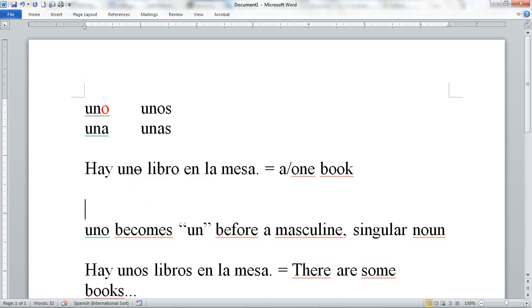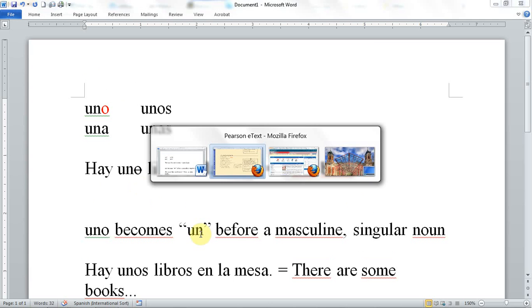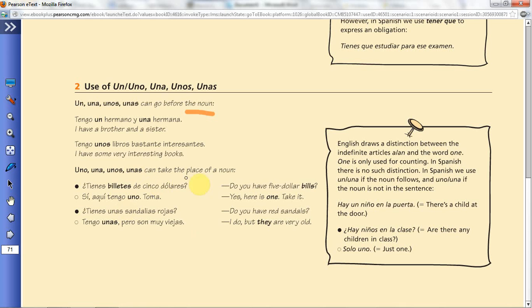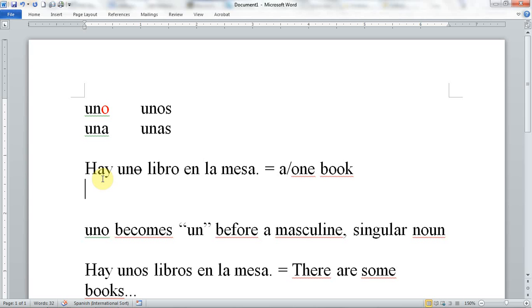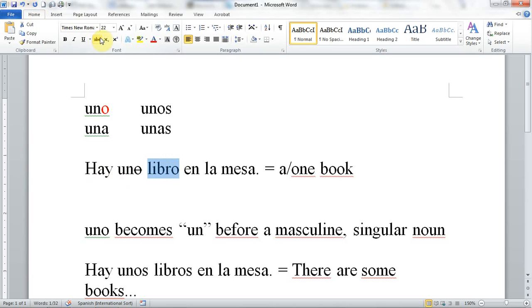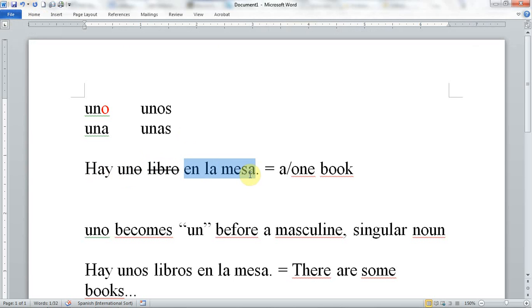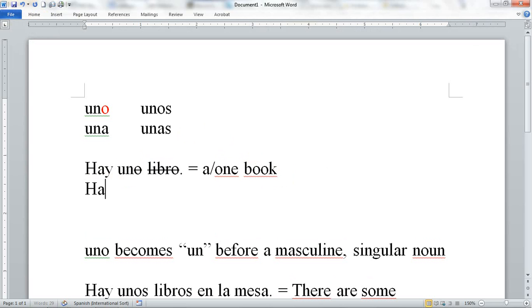The second part of the explanation right here talks about how these words can be pronouns. So if you leave out the noun, okay, if you take that out and you just focus on the number, it would be wrong to say hay un. Well, we're trying to say there's one.